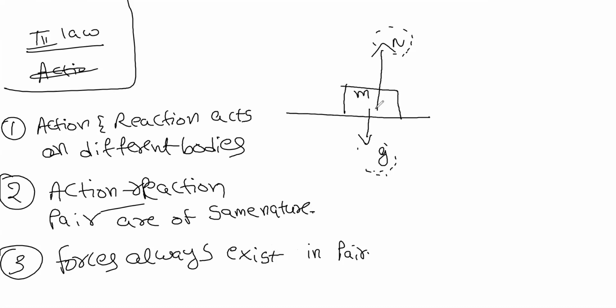Now let's see what the action and the reaction are here. Suppose there is a body of mass m. mg is the force due to gravitation, the force on the body due to the earth. For this, the body also attracts the earth towards itself.